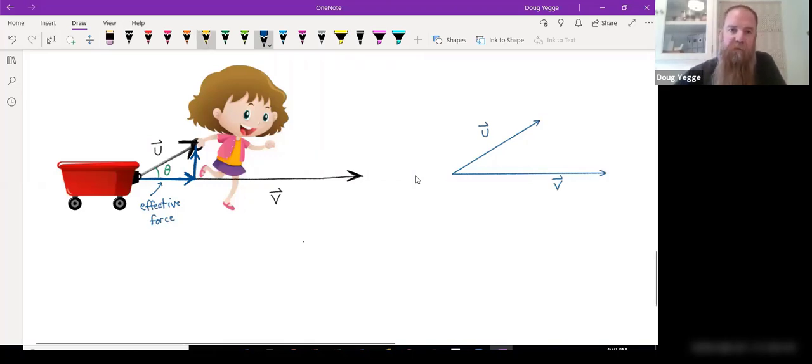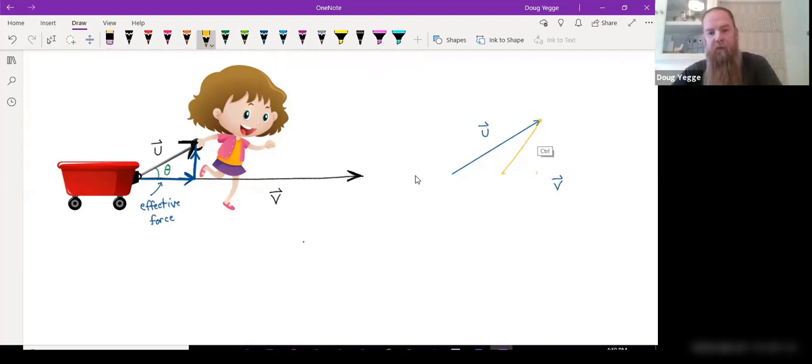Now the effective force can be found by doing what we call projecting the vector u onto the vector v. Now there's all kinds of ways to take the tip of u and have it hit v. It could come straight down, it could come out here. But what we want to do is project the tip of u onto v by making sure that when it hits v, it makes a right angle.